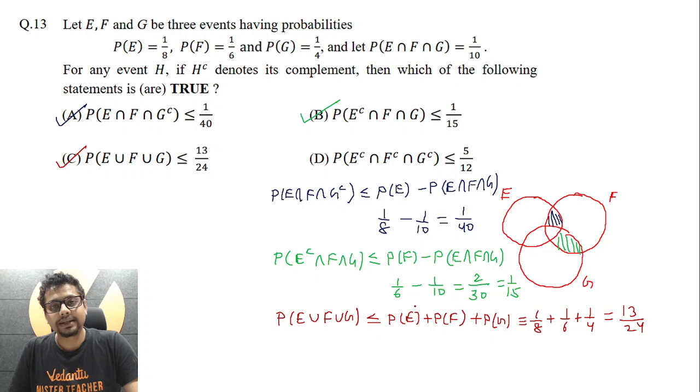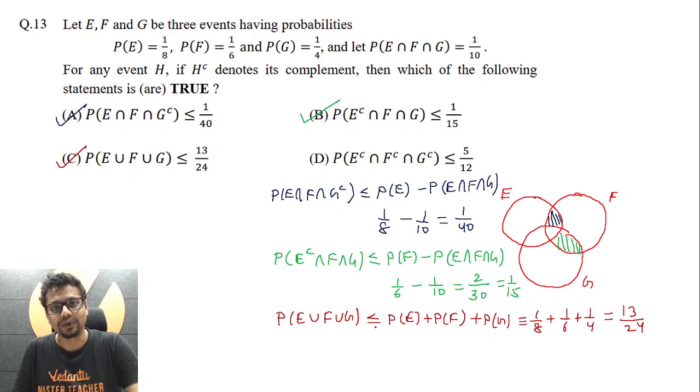This logic can be very easily understood. Probability of E union F union G will definitely be less than probability of E plus probability of F plus probability of G. In fact, equality will hold if E, F and G are disjoint events, or disjoint sets, or you may say mutually exclusive events.